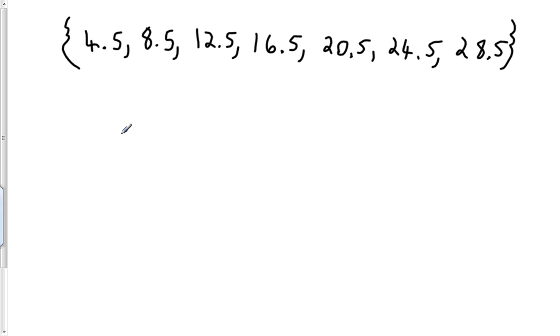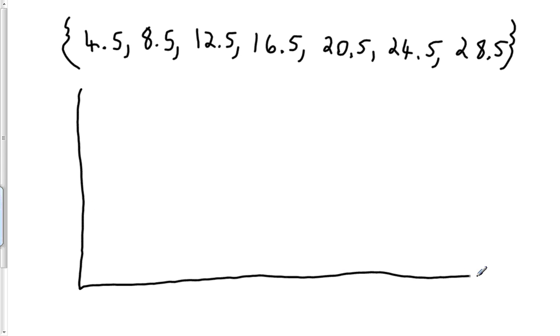So let's see, I'm going to make my x and y axis here. There's my y-axis. Here's my x-axis. And I'm going to mark off the y-axis with hash marks up to 5, because my highest frequency I see is 5.